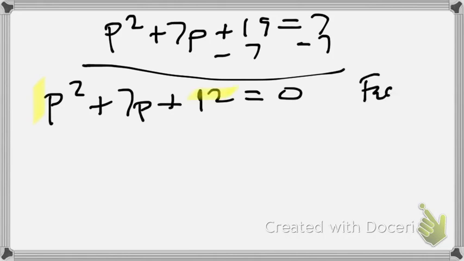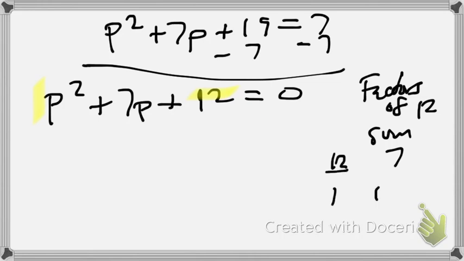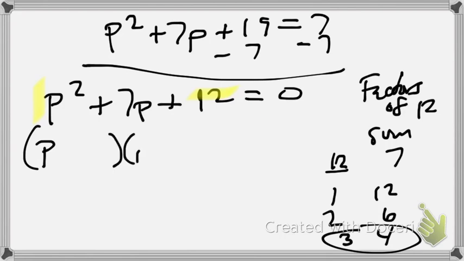So factors of 12 that sum to 7. Factors of 12. 1 and 12. 2 and 6. 3 and 4. Alright, so there's our winner right there. 3 times 4 is 12. 3 plus 4 is 7. Draw your 2 sets of parentheses.